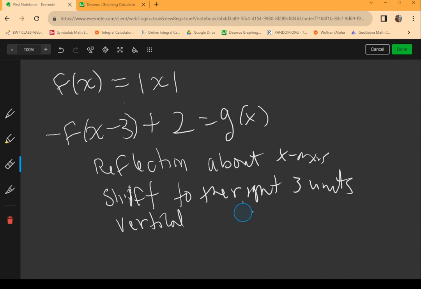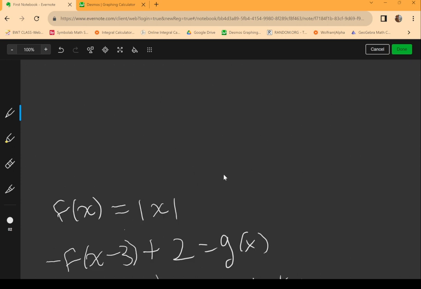Vertical shift of 2 units up. All right. So even before I get to trying to input in the graph, I already know what this should look like.